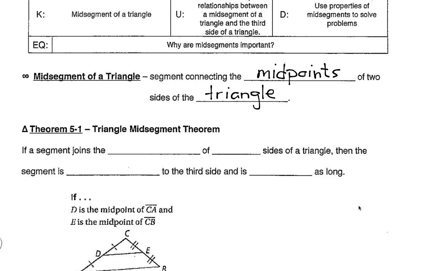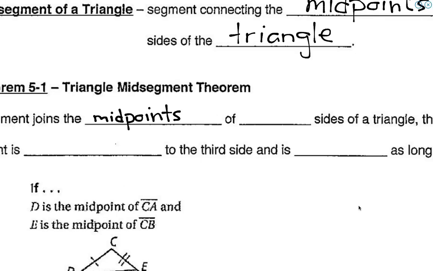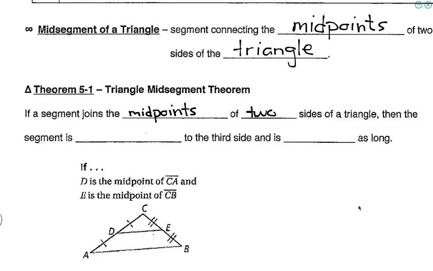Theorem 5.1, the triangle mid-segment theorem. If a segment joins the midpoints of two sides of a triangle, then the segment is parallel to the third side, and it is half as long.